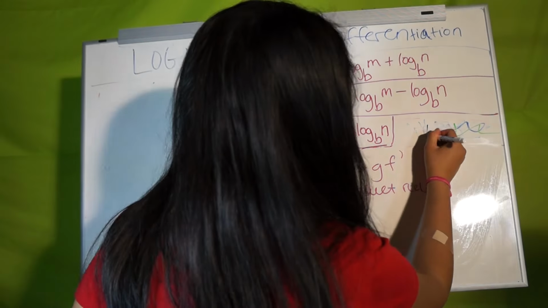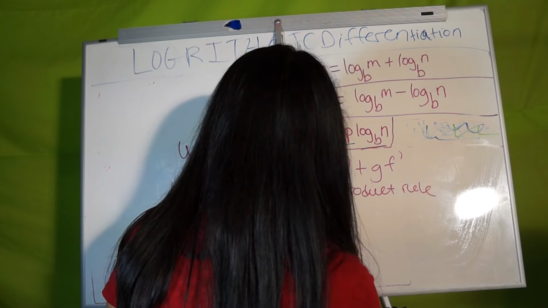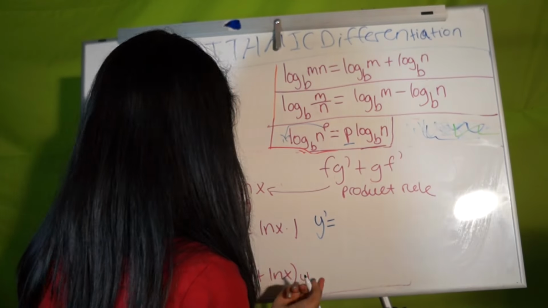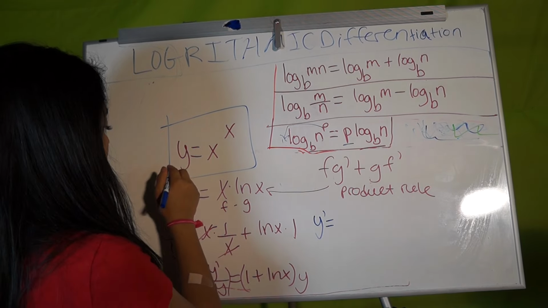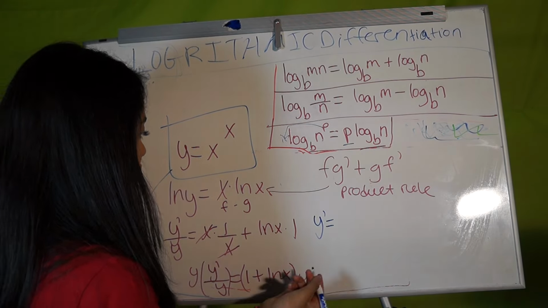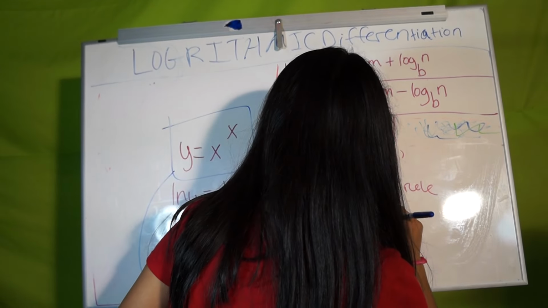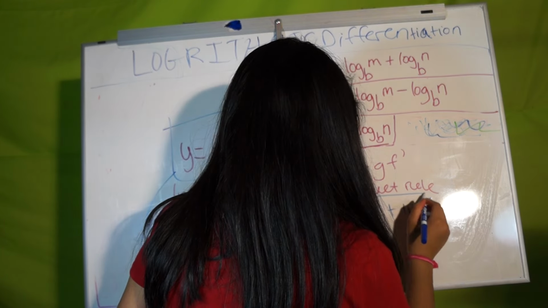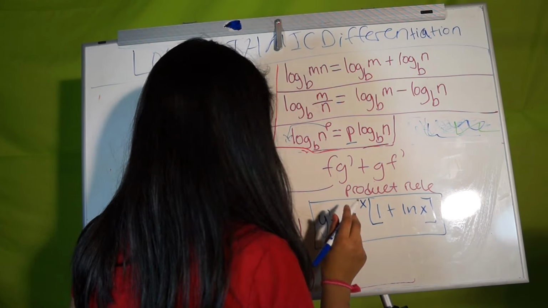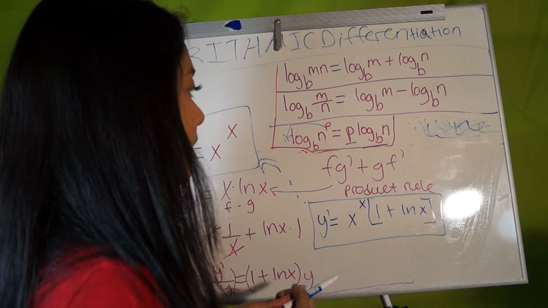Going back to this, y gets put back in, so you'll have x to the x all times 1 plus ln x. So this is the answer to this beautiful thing right here.